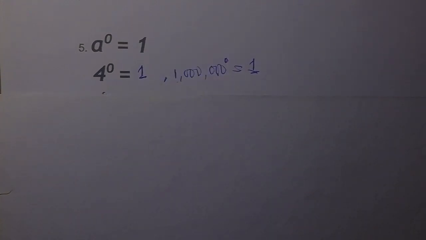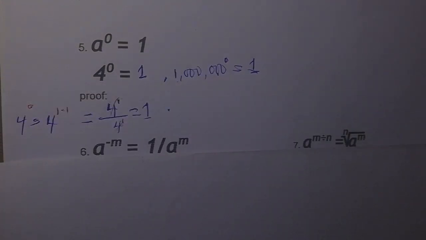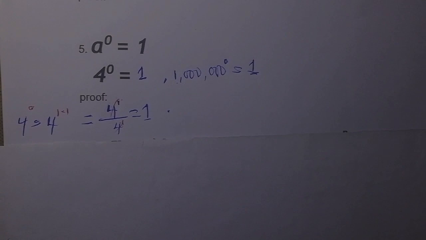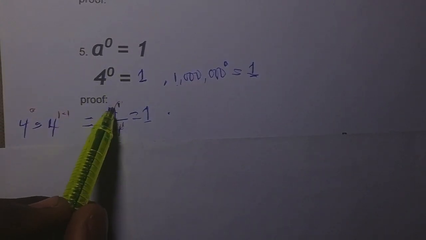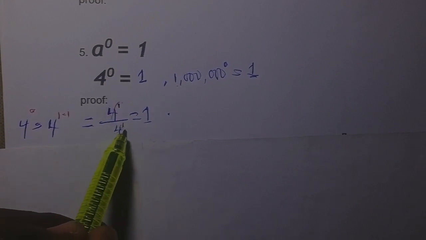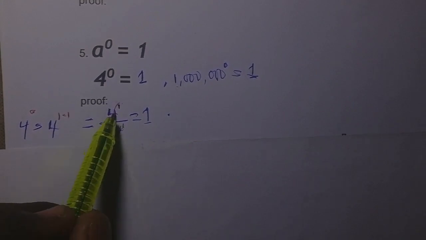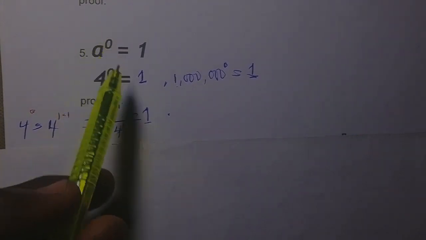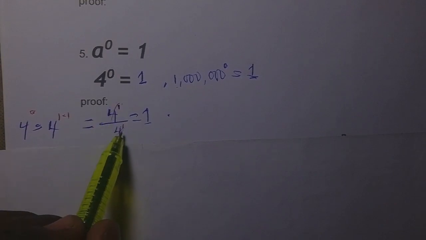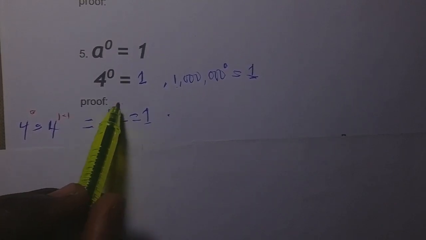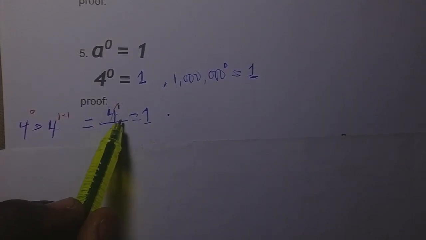And here's a proof of how that law came to existence. So 4 power 0 can be written as 4 power 1 divided by 4 power 1. Because according to the second law of the division of exponents, this can be written as 4 power 1 minus 1. Similar bases, then we take the difference of the powers.